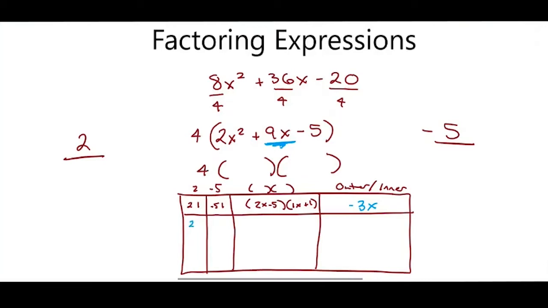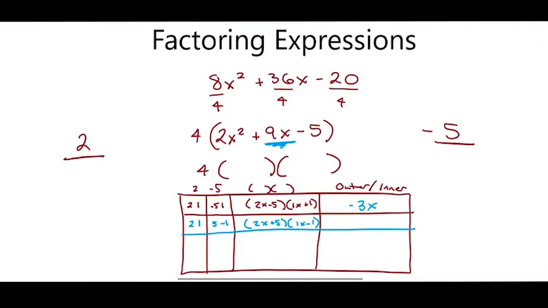So I'm going to continue with my 2 and my 1, but I'm going to switch from -5 and 1 to 5 and -1. So I'm going to make my parentheses as 2x plus 5 and 1x minus 1.